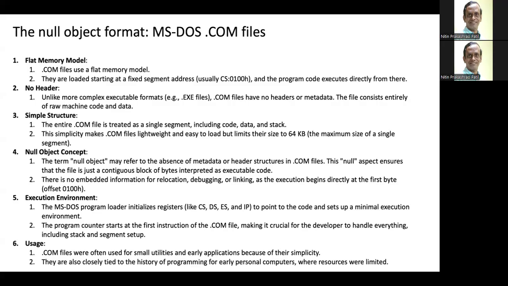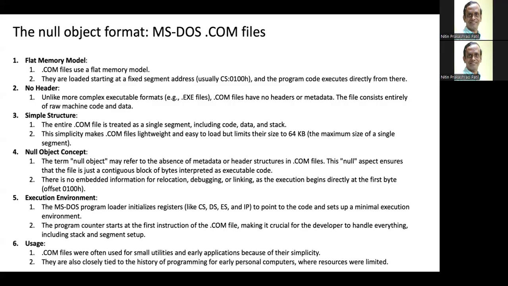Now, the null object concept refers to an absence of metadata or even header structures. This null aspect ensures that the file contains only a contiguous block of bytes, which we interpret as executable code.